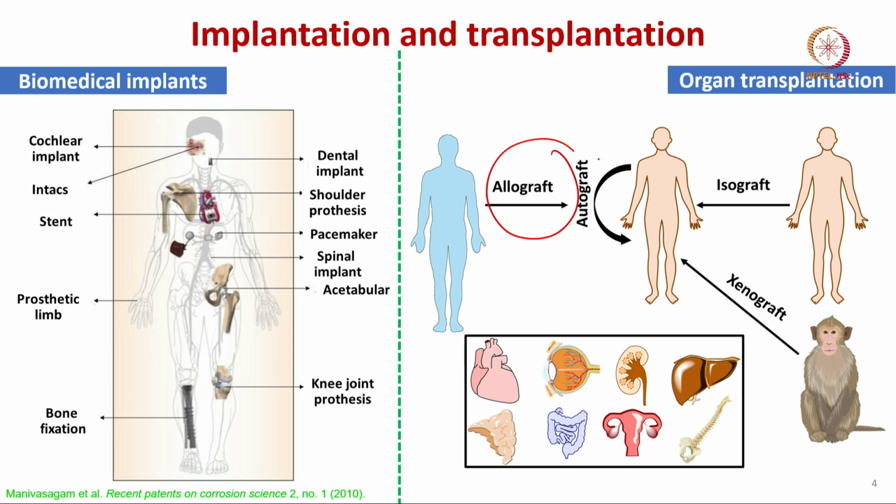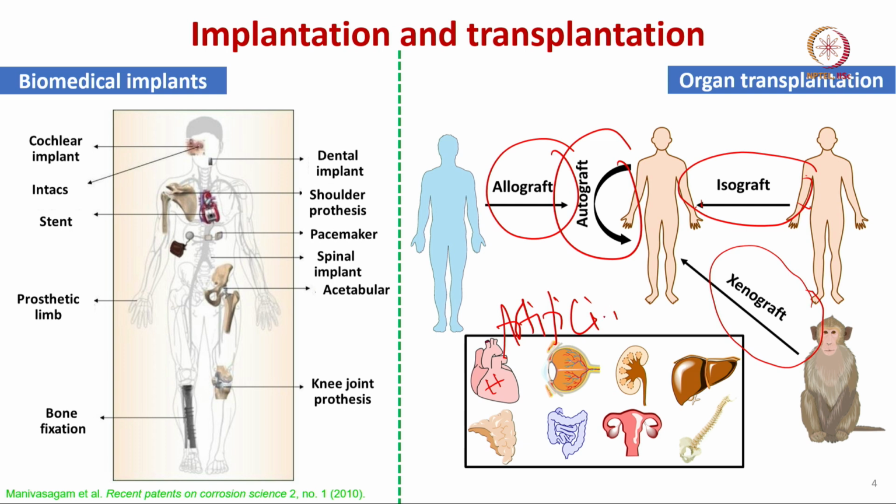You have allografts, you have autografts, you have isografts, like same to same, and you have xenografts. And these are for different tissues like heart, cardiac tissues. Then you have nerve tissues, you have liver, you have kidney. So, all these different artificial tissues, one can essentially manufacture these functional artificial tissues and transplant them in human patients to restore the original functionality of the same organs.